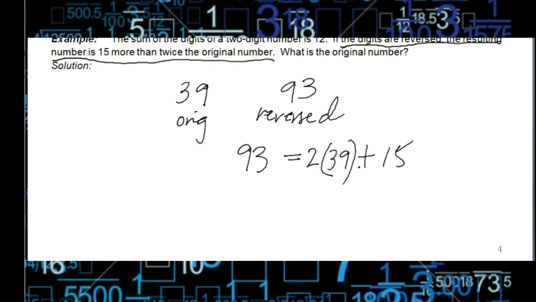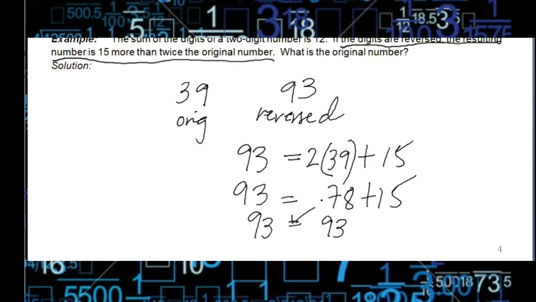I-times natin to. 2 times 39, 78. 78 plus 15. Wow! So, nakita nyo, napansin nyo? Sumakto. Tumamang 93. So, it means trial and error. Makukuha mo na agad yung sagot, basta naintindihan mo yung question. So, ang tanong sa problem, what is the original number? So, ano ba ang original number natin? 39. Final answer na pala to.